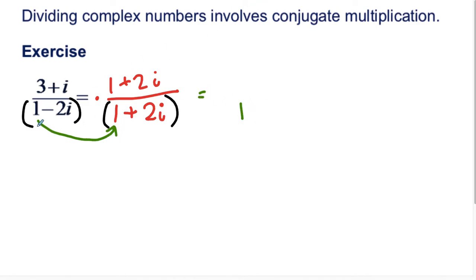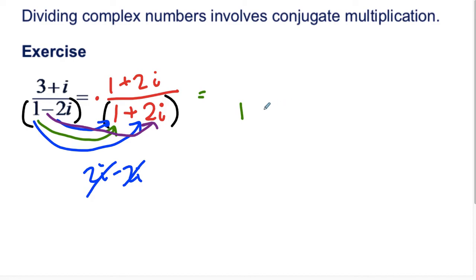And then you're left with, I don't really need to write it out, but these two will cancel out. So 1 times 2i is 2i, and then negative 2i times 1 is negative 2i. So they'll cancel out. So I don't need to really explain that. So negative 2i times positive 2i is going to end up being negative 4i squared.